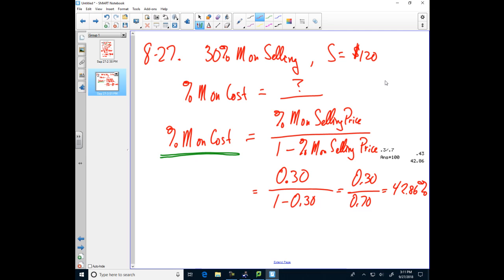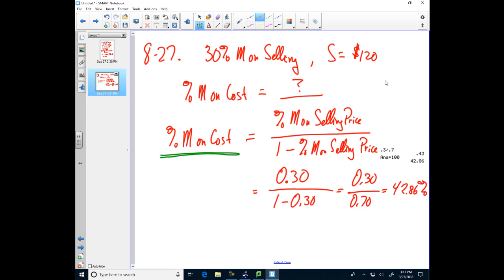So he wants to advertise the comforter as percent markup on cost. What is the equivalent rate? The equivalent rate is basically 43%. Then the answer is, check your answer. I don't know what that means. Well, we can plug it in one of those other formulas and should get back to the 30%. So that's the check.